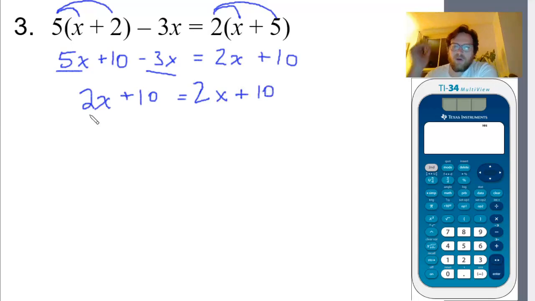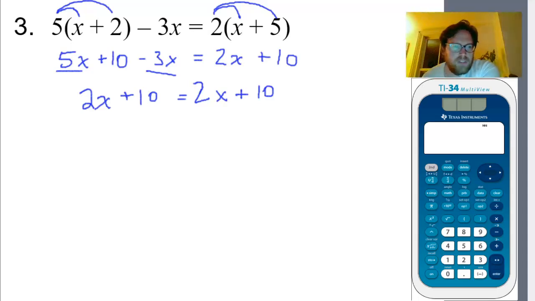And you've got to think, what value of x could you plug in here that would make this work? You could plug in 1, you could plug in 2, you could plug in 3. It's always going to work because the expression on the left is equal to the expression on the right. So it's always true.